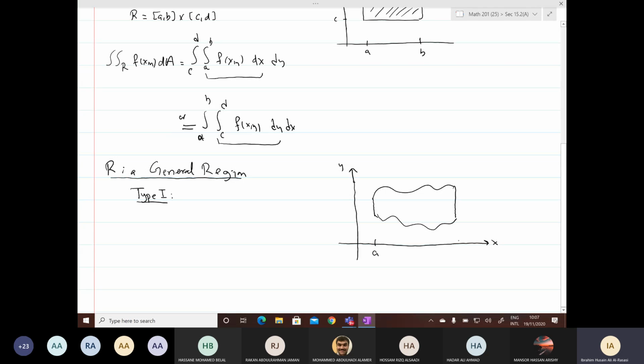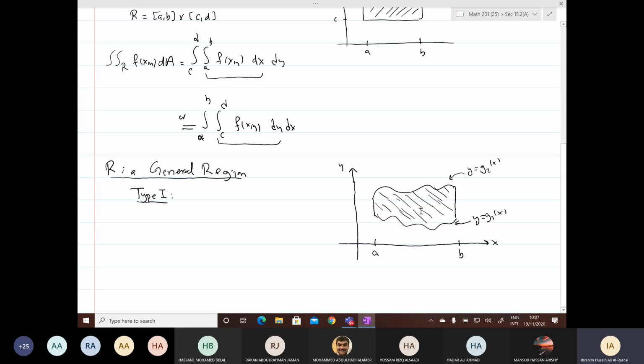This is a and this is b, and this is y equals g2(x) and y equals g1(x). So it is a region between two curves: the lower curve y equals g1(x), the upper curve y equals g2(x). A region above the x-axis, between a lower curve and an upper curve.